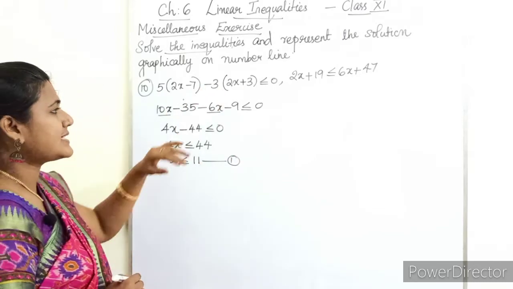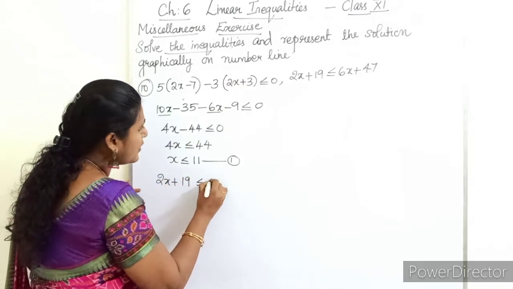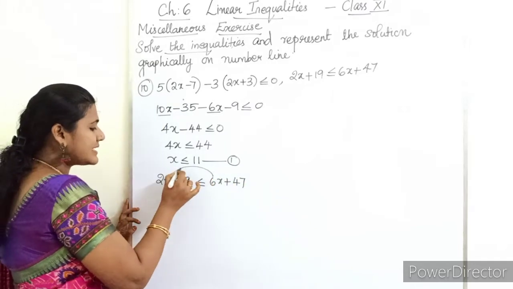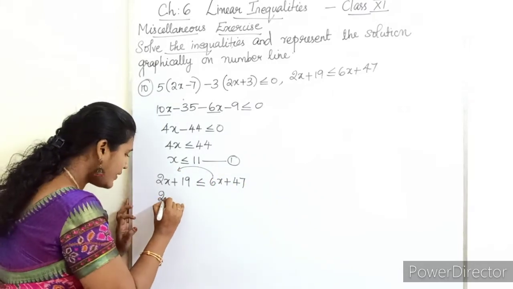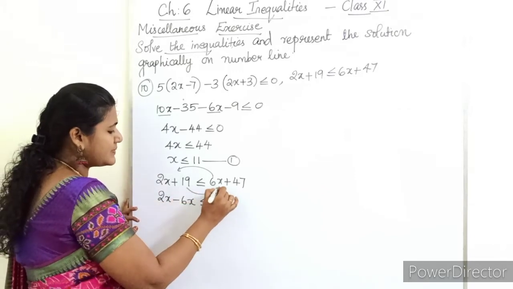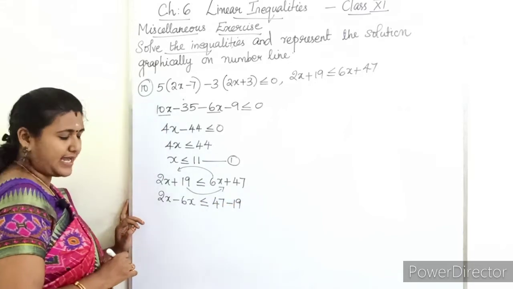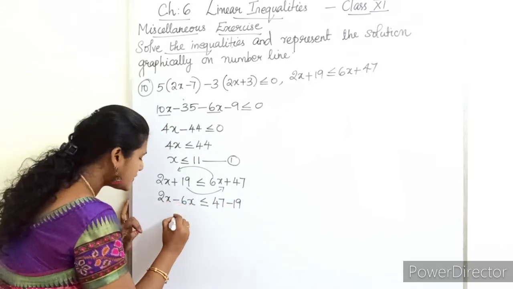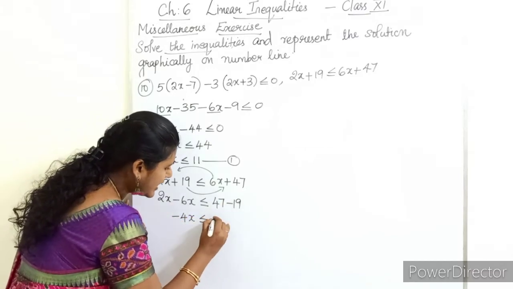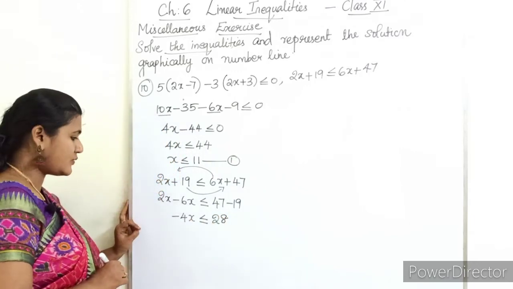Now we will solve the second one, that is 2x plus 19 less than or equal to 6x plus 47. We will take the 6x to this side. So 2x minus 6x is less than or equal to, this 19 to the right side, 47 minus 19. So when you simplify these two, you will get minus 4x is less than or equal to 28.